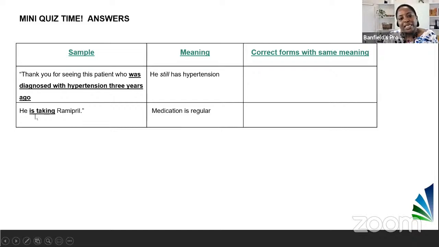And number 2, he is taking Ramipril. The meaning that you want to convey is that the medication is regular, even now. So what kinds of things can you say in these two that have the same meaning as here? Okay. So at this point in the video, you can pause it and just think about it.